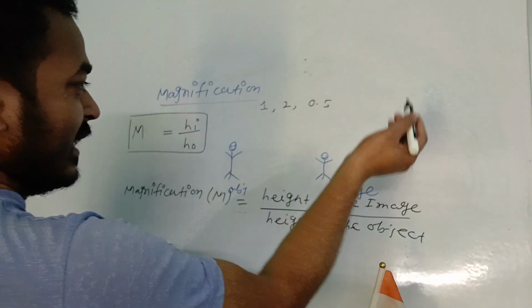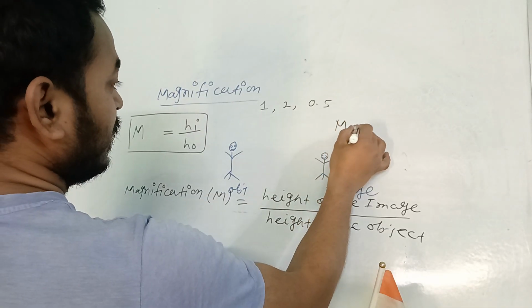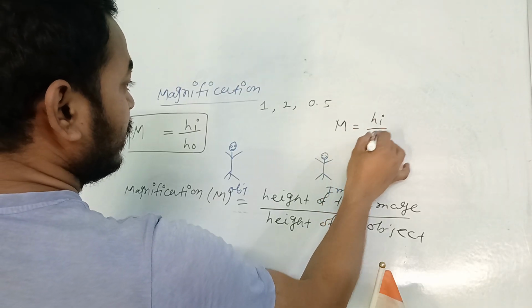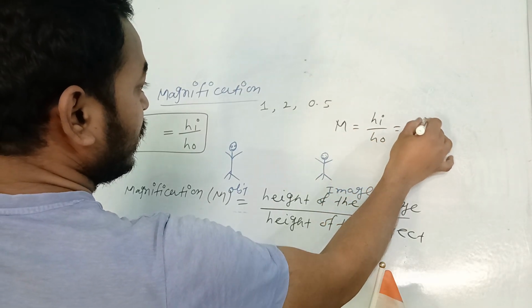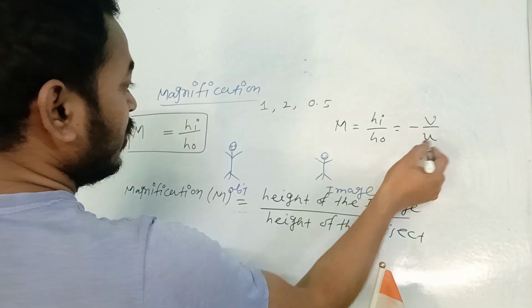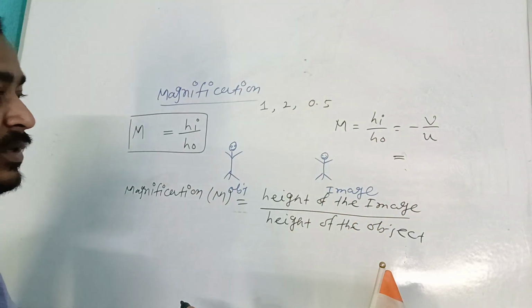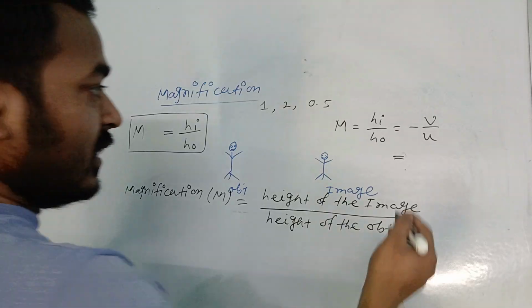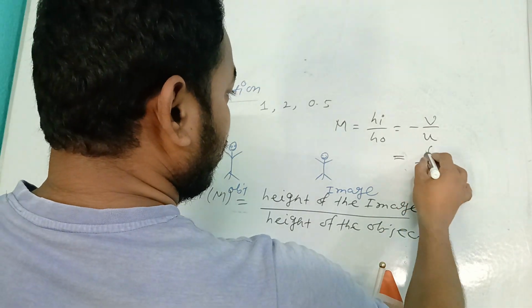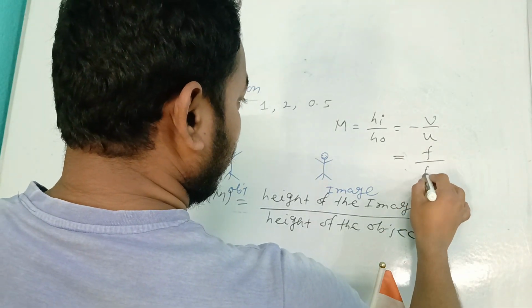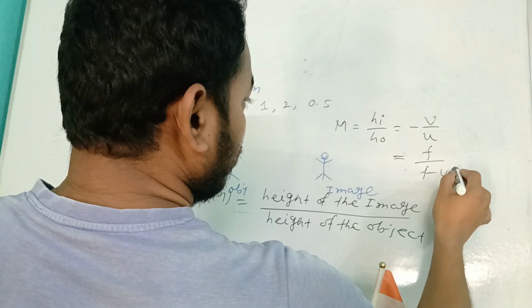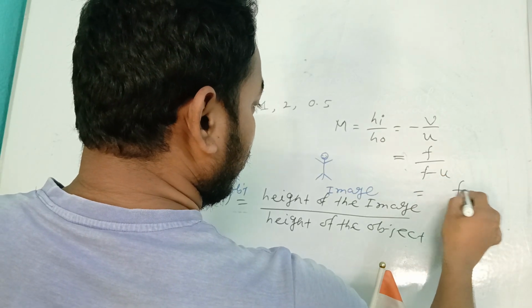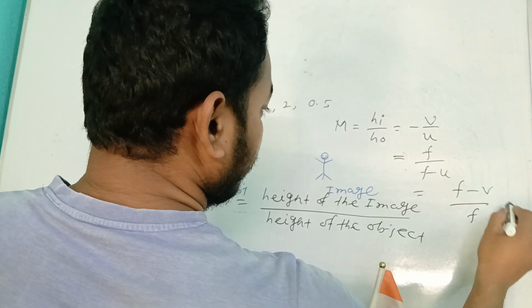Later we will discuss magnification m, that is hi by ho, that is minus v by u in terms of u and v, and in terms of focal length we can write it is f by f minus u, or another formula f minus v by f.